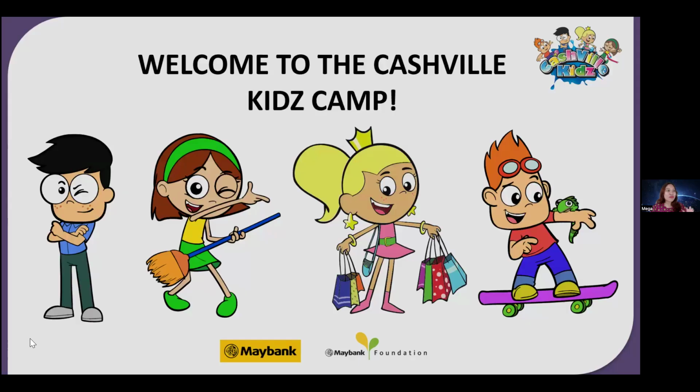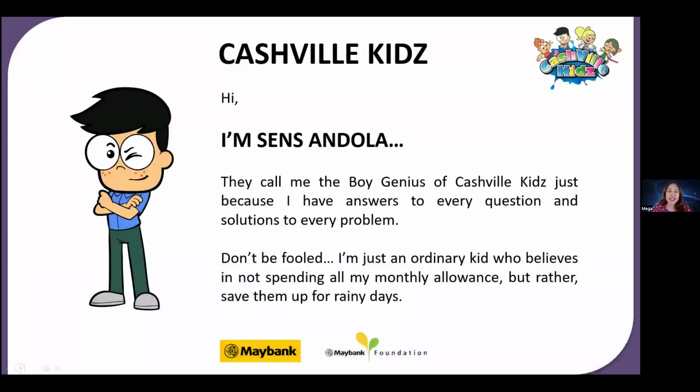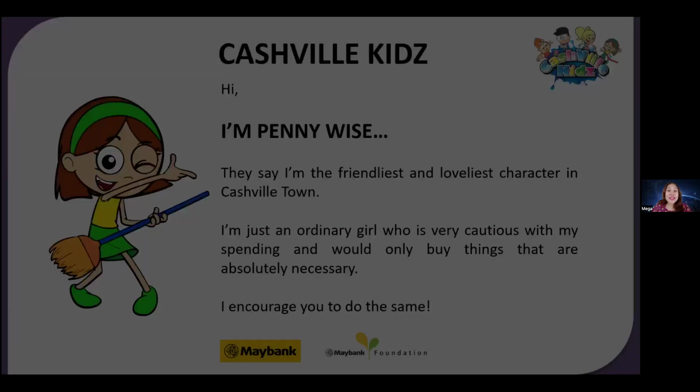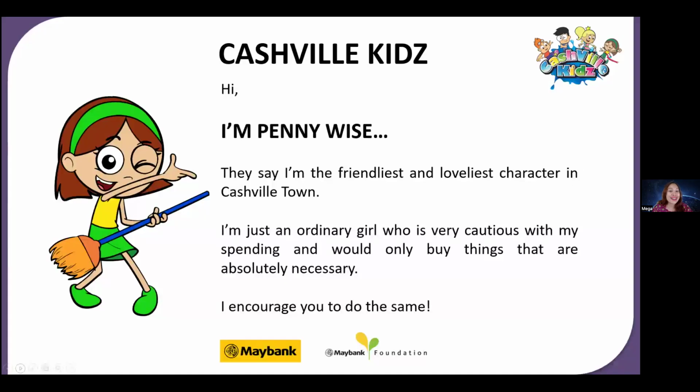All right, okay. So welcome to the Cashville Kids Camp, everyone. What we are going to do for the next 45 minutes is watch these 4 characters. The first one is Sense Andola. He's your regular Joe, who believes in not spending all of his monthly allowance right away, but rather saving up for an emergency or a rainy day. Secondly, we have the character of Pennywise, just an ordinary girl as well, who is cautious with her spending.